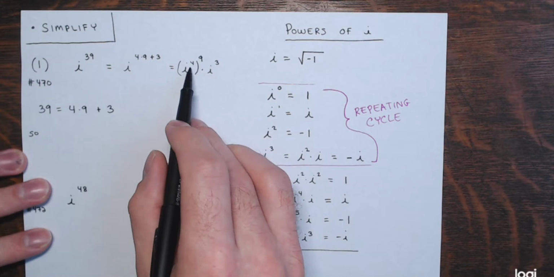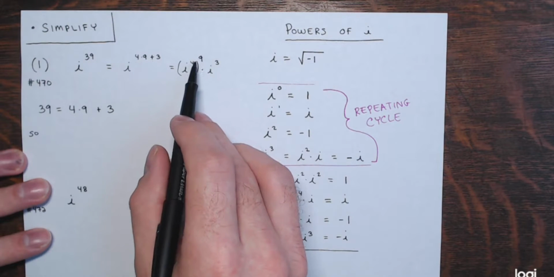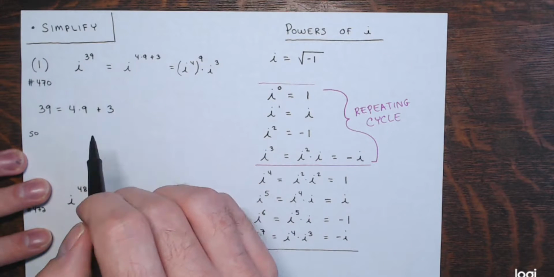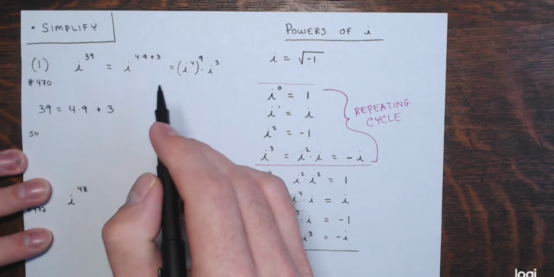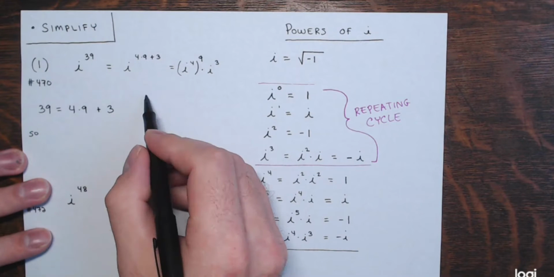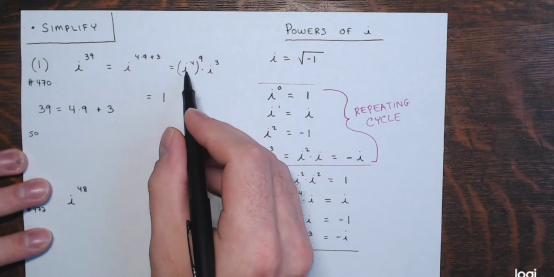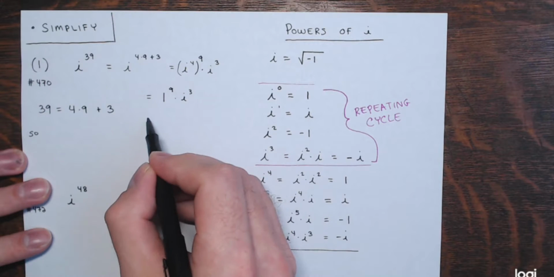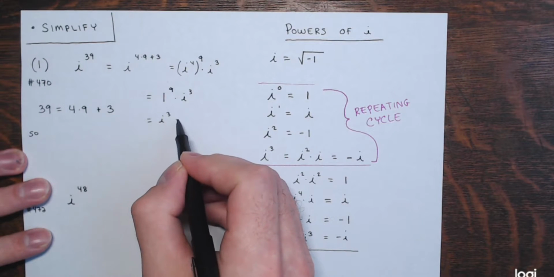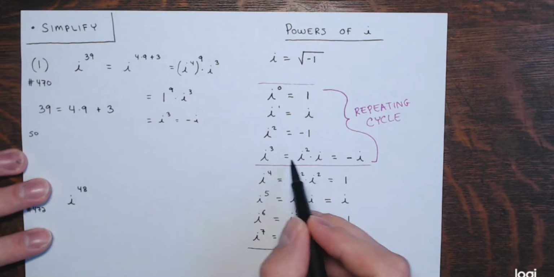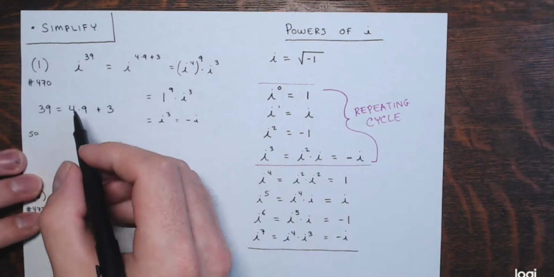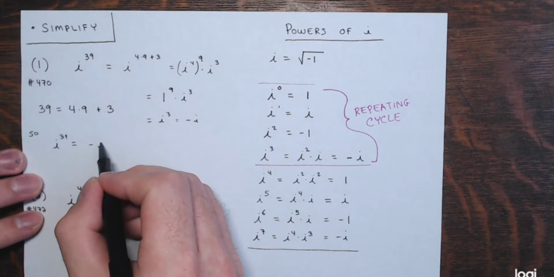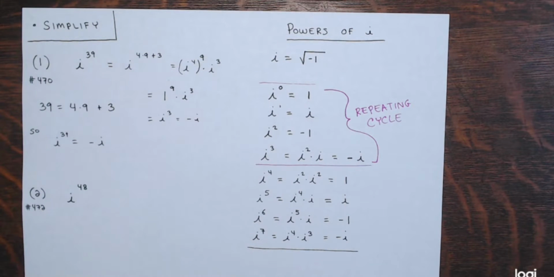Because this would be i to the 4 times 9, power to a power property, and then times i cubed would add 3, right? That's the product property. And remember, i to the 4th is 1. So this is 1 to the 9th times i to the 3rd, or just i to the 3rd, which is -i, right? i to the 3rd simplifies to -i, as we've seen. So i to the 39th equals -i when totally simplified, right?